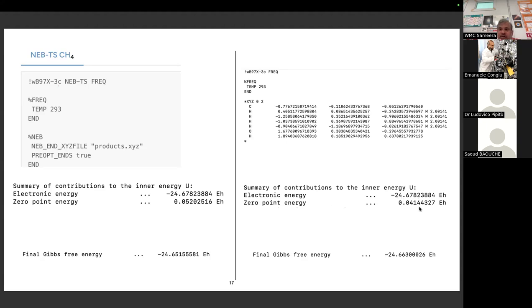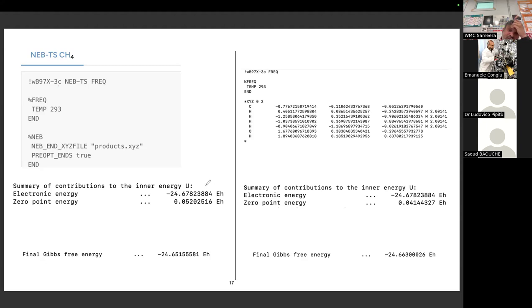It is the same, but the zero point energy is going to change. And of course it's going to affect the free energy. And then here you can see the final Gibbs free energy for the NEB calculation. And when I run the frequency using isotopes, the free energy is different now.